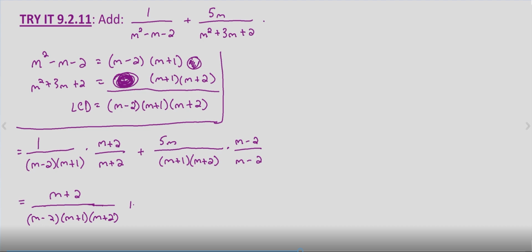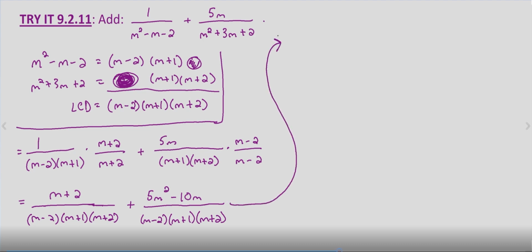And that's plus 5m times m minus 2. That's going to be 5m squared minus 10m over our least common denominator, which is m minus 2 times m plus 1 times m plus 2. Now we can add our numerators.